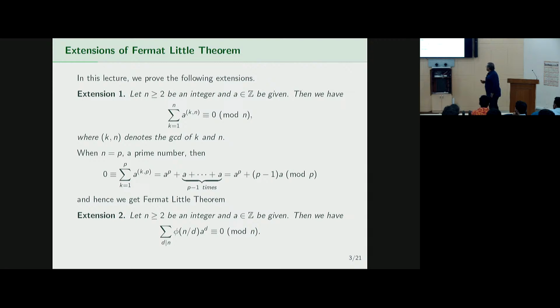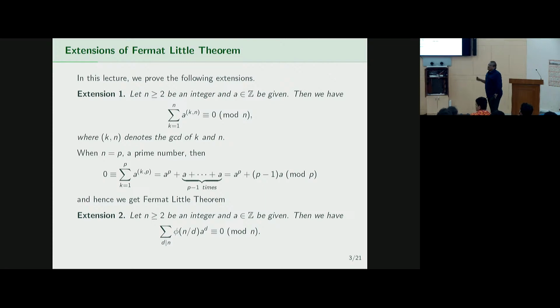This extension is, for n greater than or equal to 2 and any given integer a, a congruence which is true for every integer. When we fix the gcd of k and n as a fixed divisor d of n, how many times would it appear in the above sum?